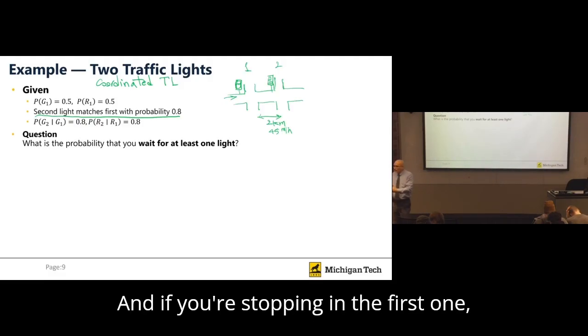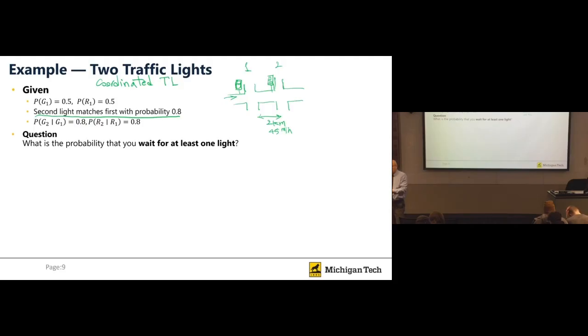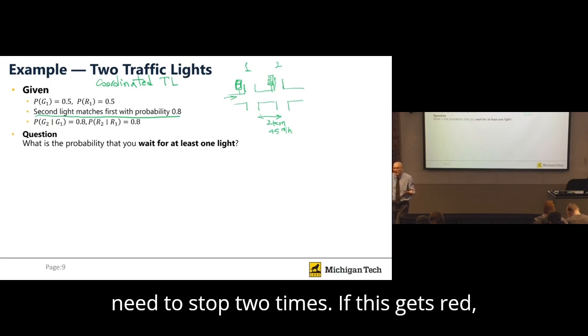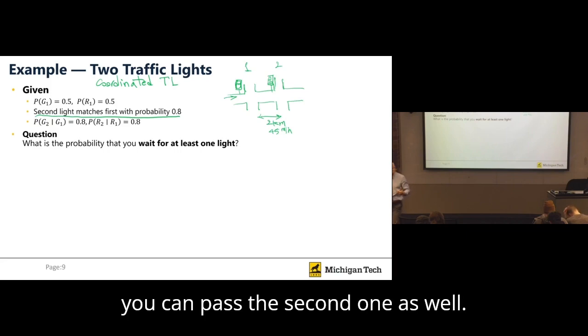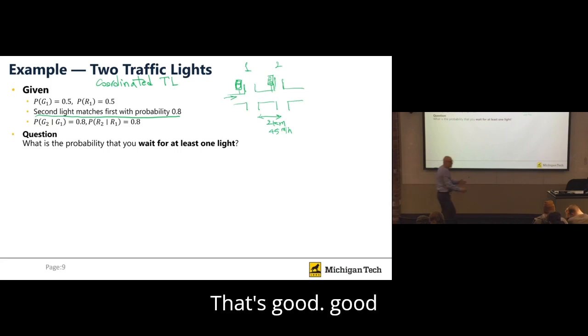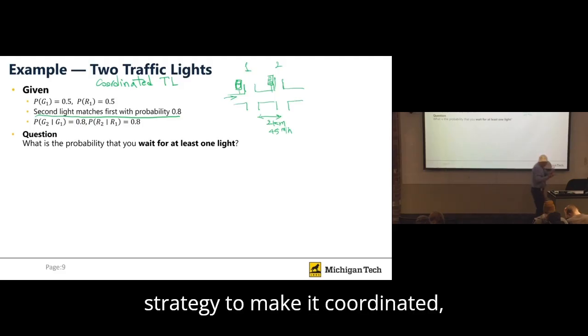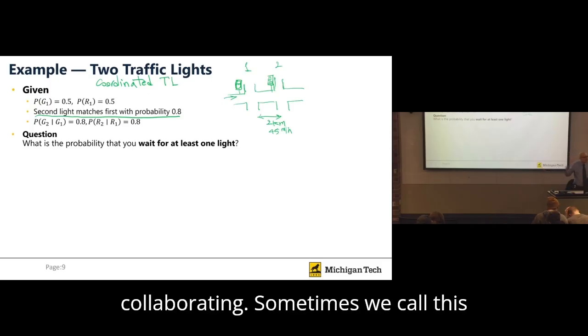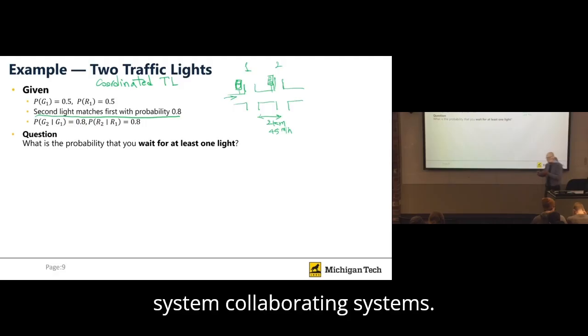And if you are stopping at the first one, the next one is also red. So you don't need to stop 2 times. If this gets red, you can pass the second one as well. That's a good strategy to make it coordinated, to make it collaborating. Sometimes we call this a collaborating system.